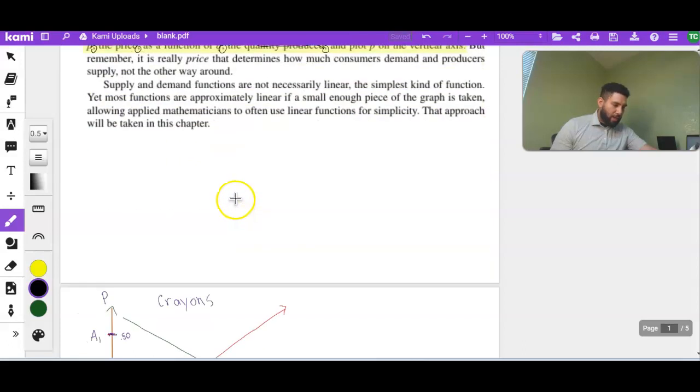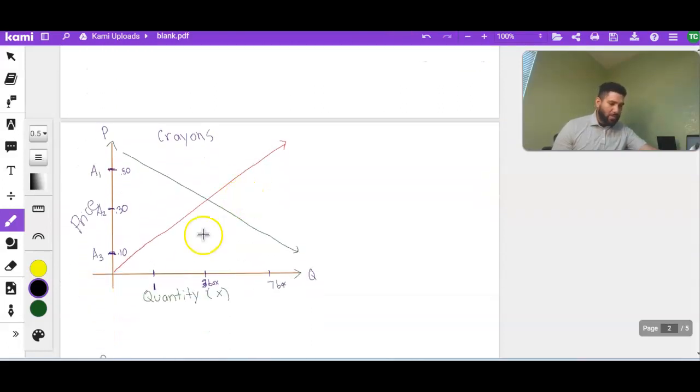Okay, so as the example for connecting the reading for text to self, one of the examples I chose was crayons. Towards the beginning of the school year, crayons usually start becoming on sale, but now not anymore. So I would show students this graph and say this is the supply, right?